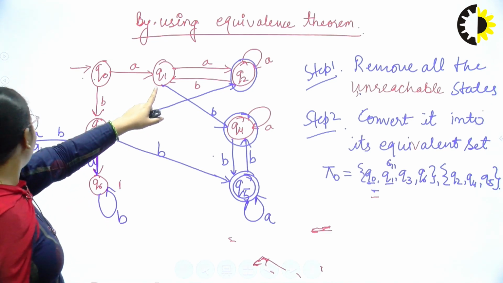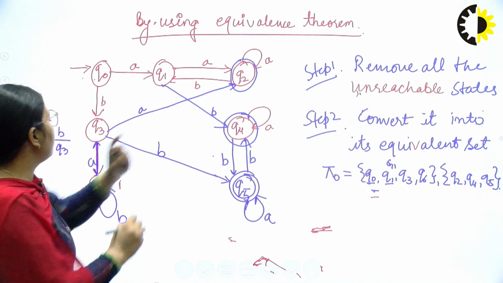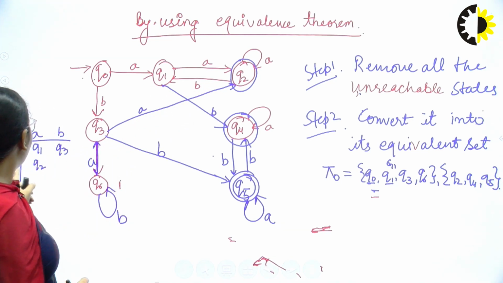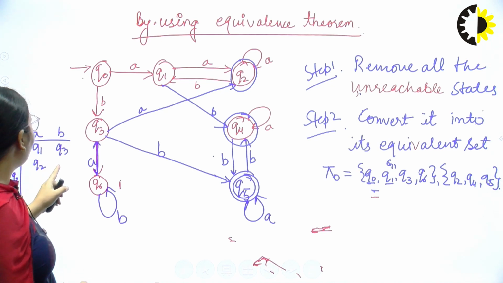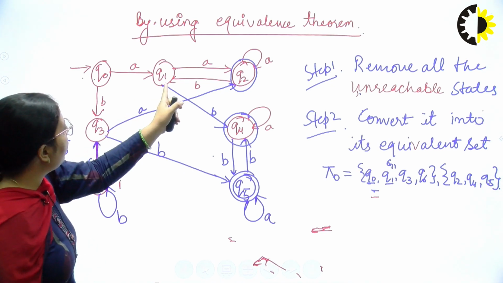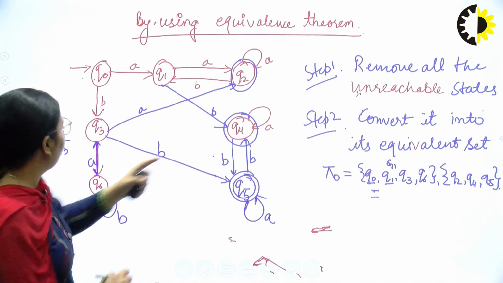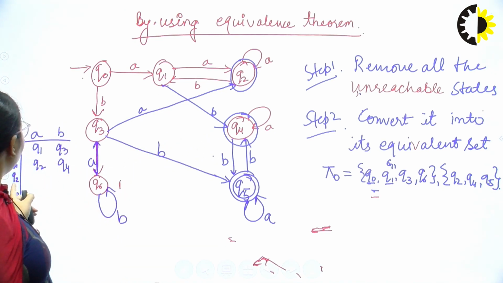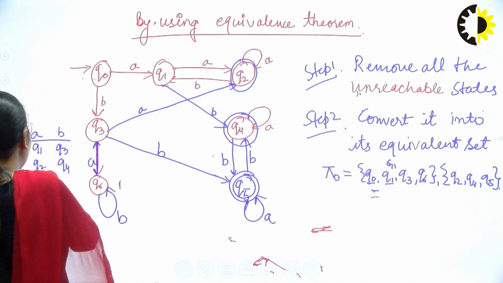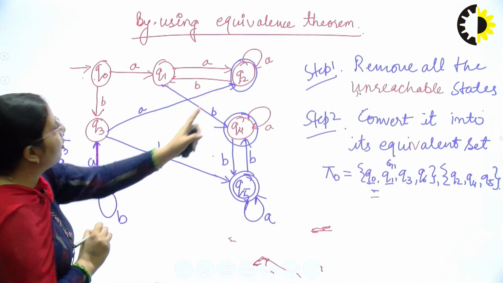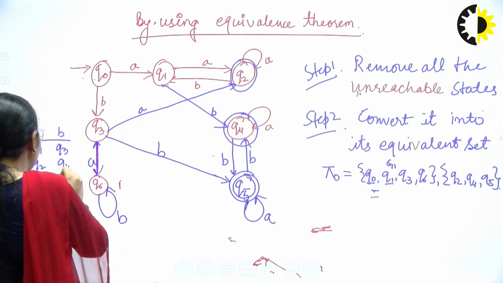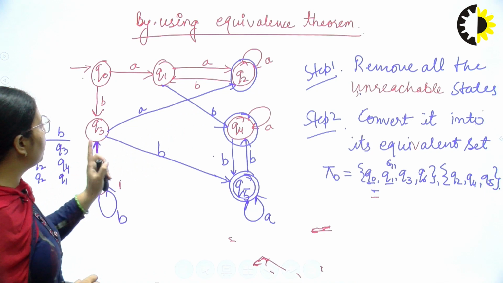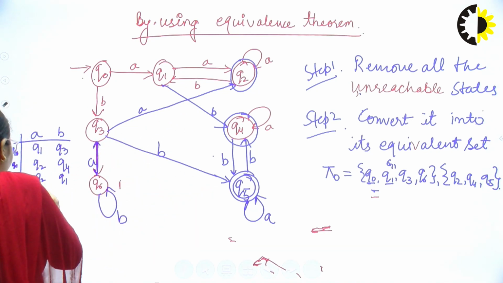From state Q1, for input A, it goes to Q2. And for state Q1 on input B, it goes to Q4. From state Q2, for A, it goes to itself, and for B, it goes to Q1. For Q3, A goes to Q2 and B goes to Q5.